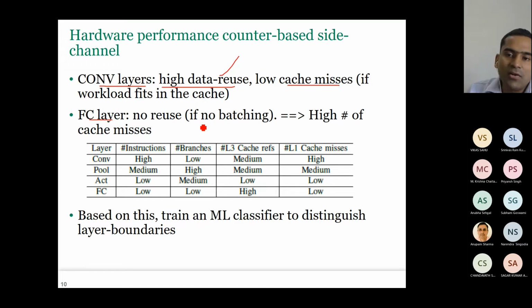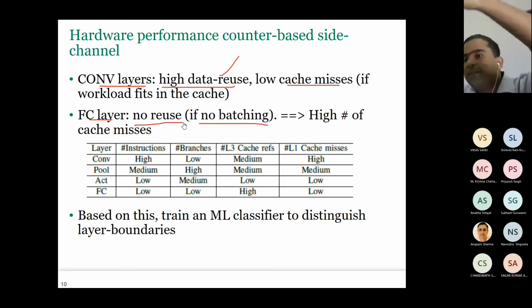Similarly, FC layers, if you don't use any batching, then there is no reuse, right? I hope you remember that point. Because it has so many weights, it's like a matrix vector computation. So the weights of the matrix are used only once if there is no batching. Also, FC layer has so many weights that it leads to a high number of cache misses.